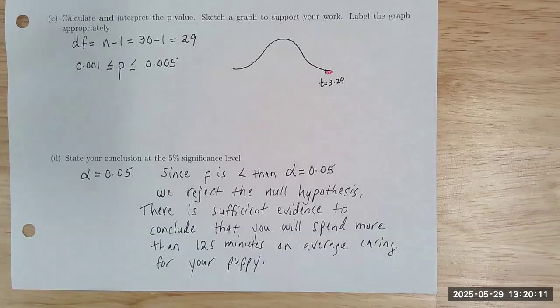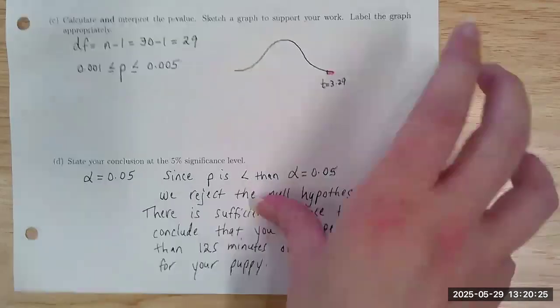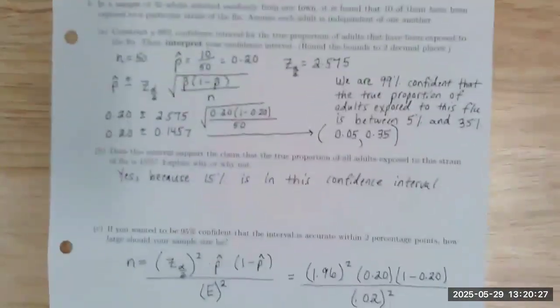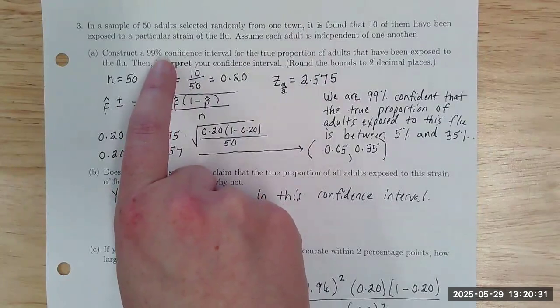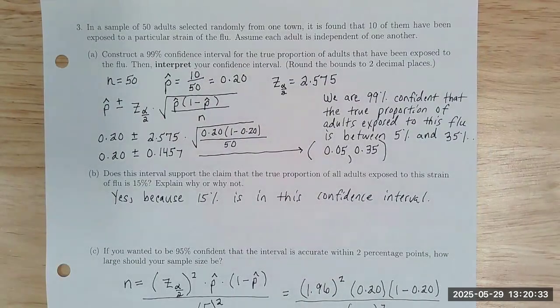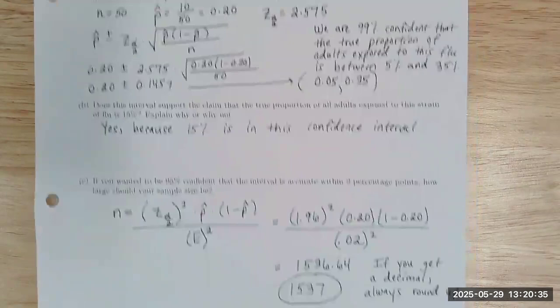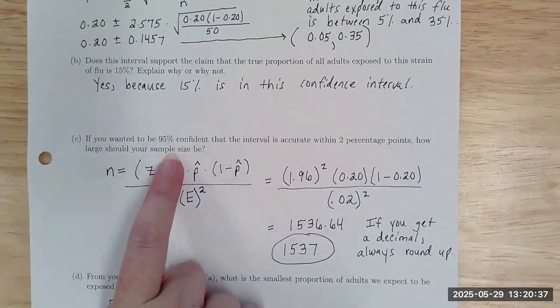Let's move on. Did you do the 2 problems from last time? I did not do the 2 problems from last time. So what I said was I was really excited that she chose in problem number 3 to do a proportion problem, because of the two problems I picked, one was a proportion problem and the other was a sample size problem.